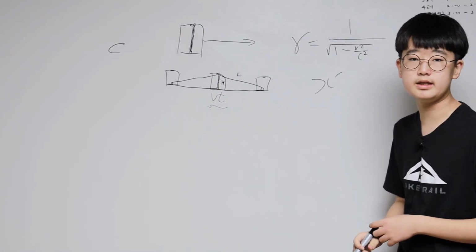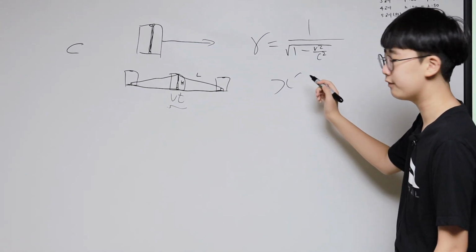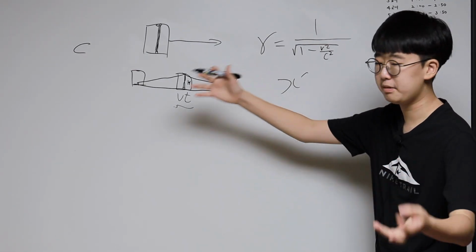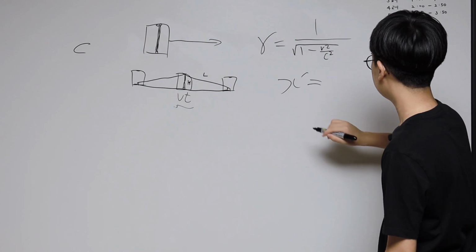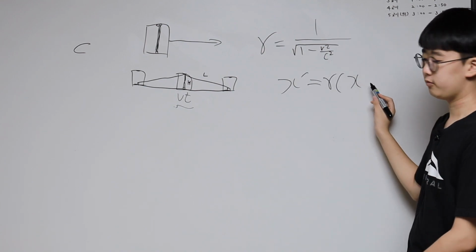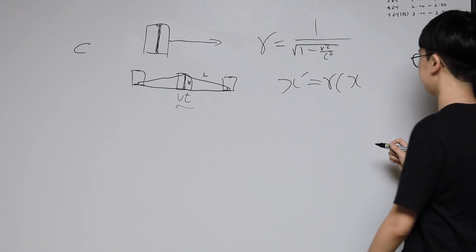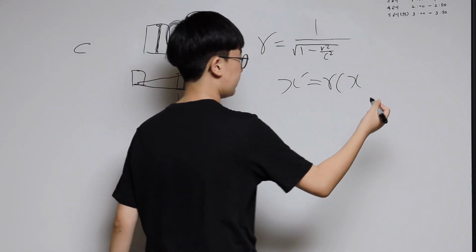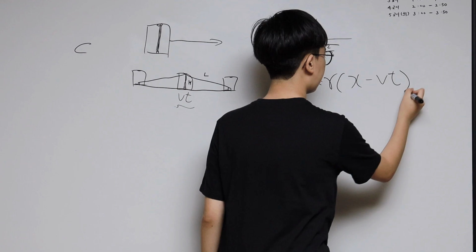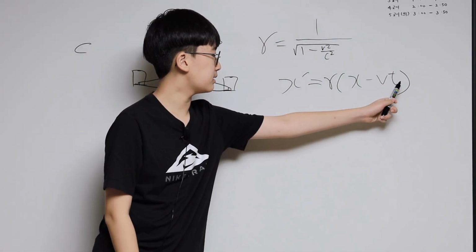The prime means it's in the moving perspective. The moving perspective's space is gamma times x. There's no prime on this x. That means this is a stationary person's perspective. And x minus vt. And as I said, vt is velocity times time.